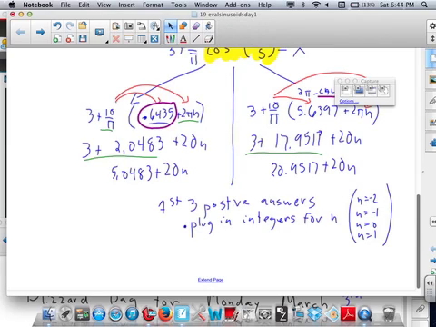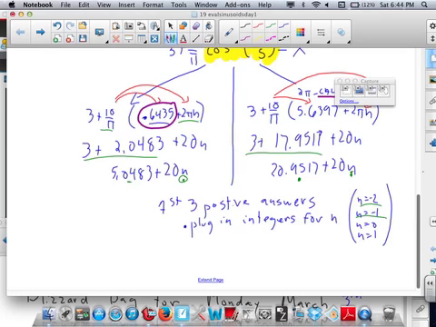All right, first off, let's try n equals -2. If I put that in for n in this formula and in this one over here, I'll have -20 plus this number right here. That's not going to yield a positive result. So let's try n equals -1.